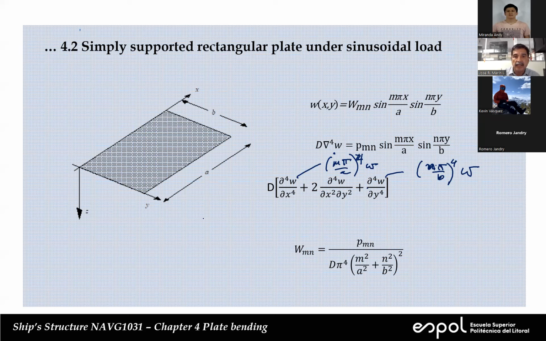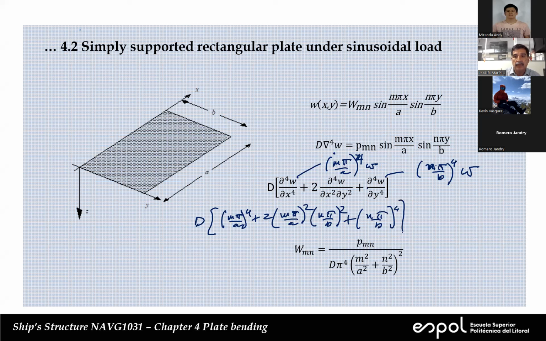So we're going to have here D, m pi over a to the 4th plus twice m pi over a squared times n pi over b squared plus n pi over b to the 4th, times wmn sine sine, and on the right-hand side we have pmn sine and sine.